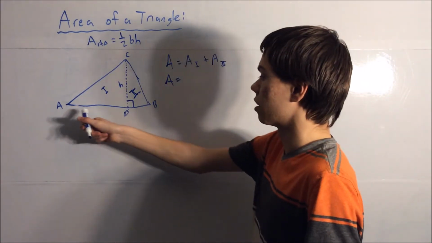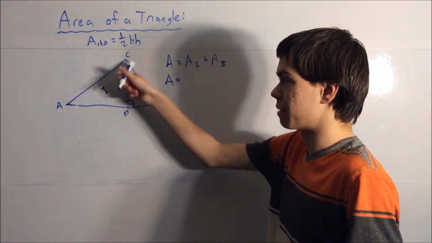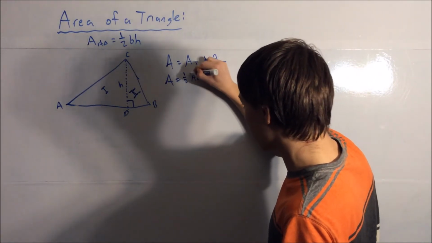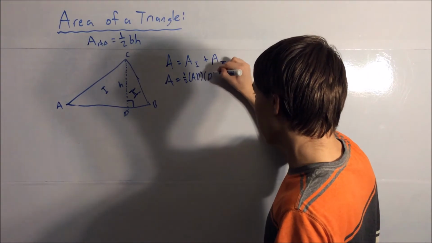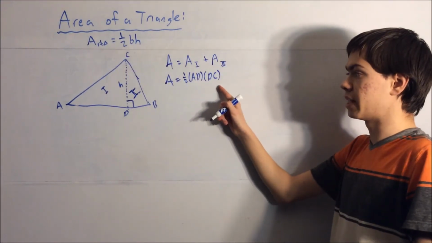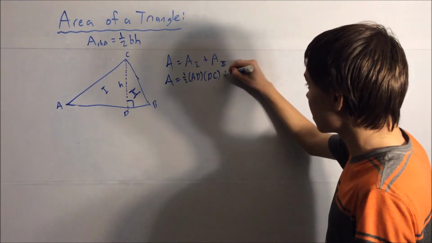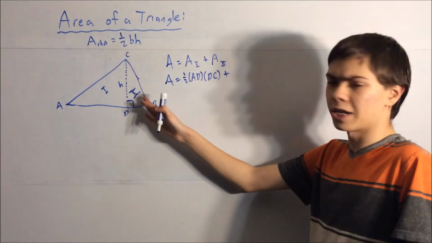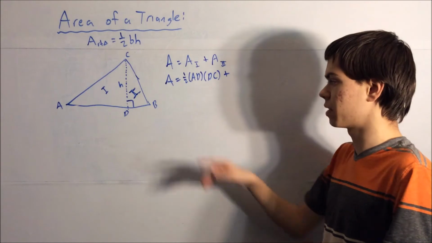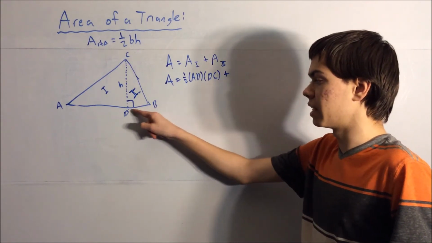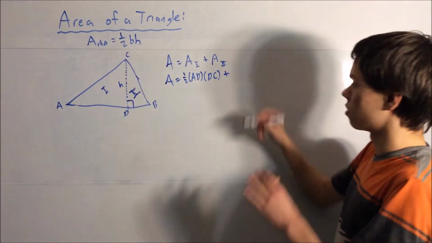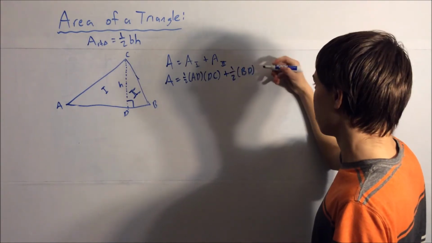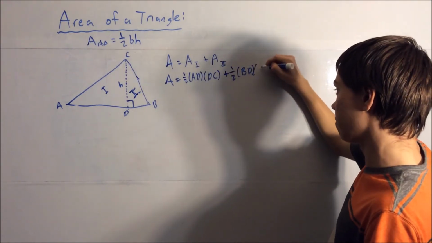So it's going to be 1/2 AD times DC. And then I'm going to add that to the area of the second one, which is again a right triangle, so it's just going to be 1/2 base times height. So 1/2 BD times DC.